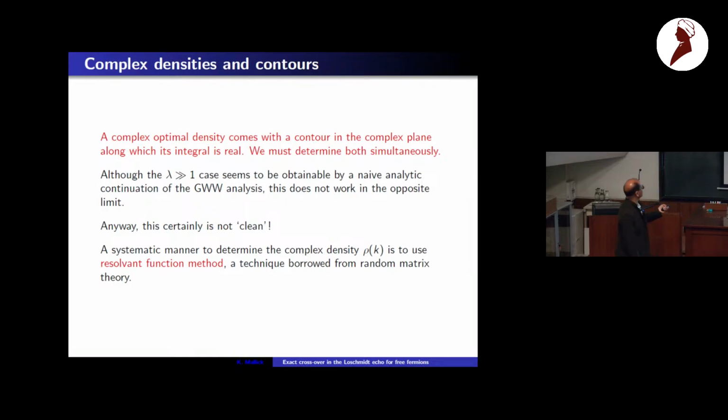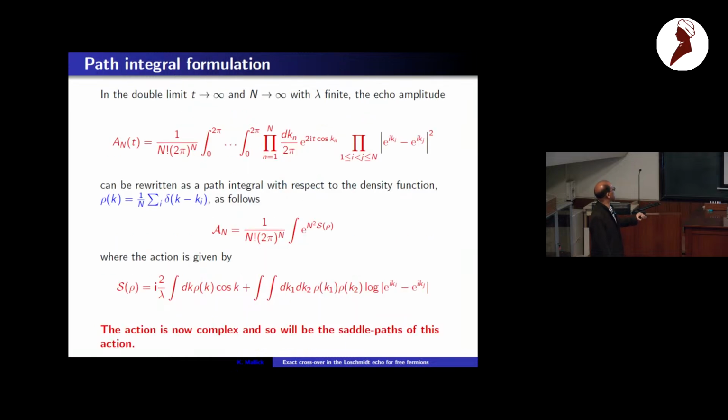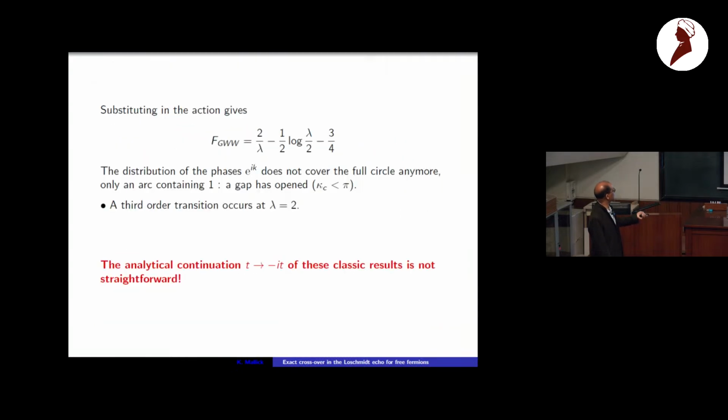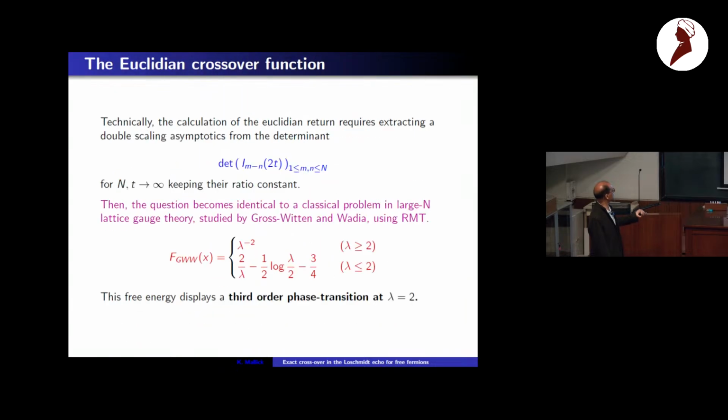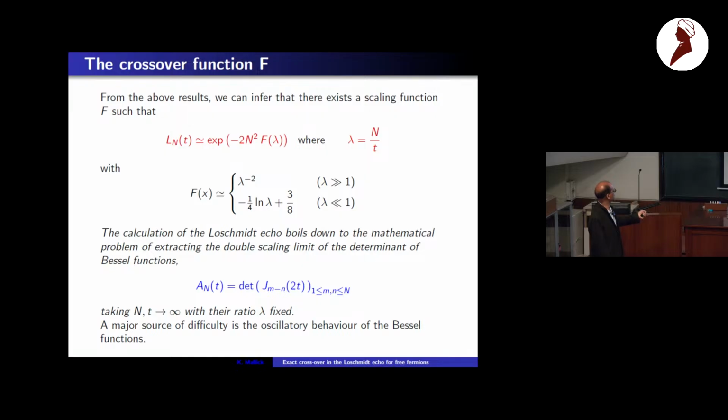When lambda is very large, it seems that this case is not too bad, even if I don't care too much about the fact that I have a complex i here. And if I use this optimal density to compute the action, indeed, I will get the value lambda squared or lambda minus 2, which was found by a naive analysis.